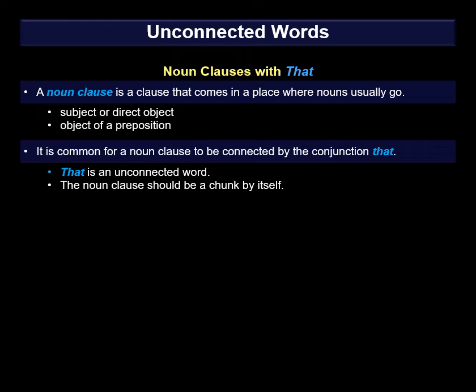That, I think, should be an unconnected word. The noun clause should be a chunk by itself. Now, this is not so important in overall English, what to do with that. Okay? But I had to make a decision for the rules of chunky language, and I decided that is an unconnected word.